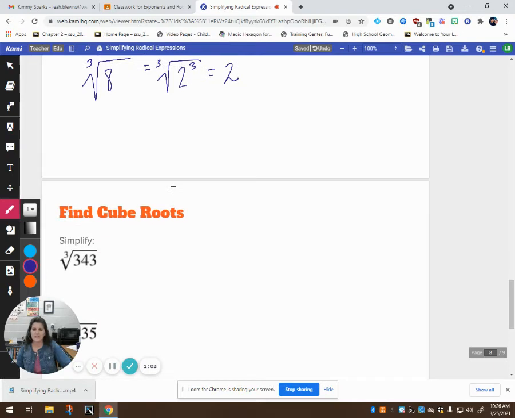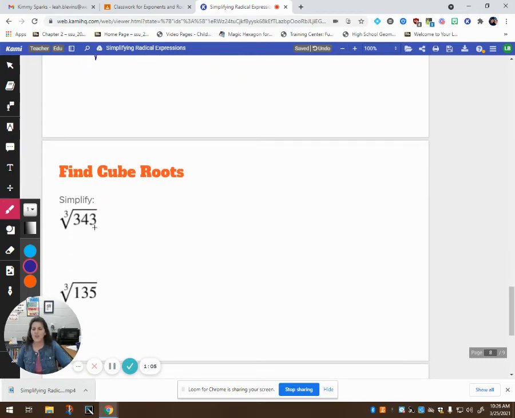Okay, so let's look at some more. Let's simplify the cubed root of 343. Similarly to how we broke down the square roots, we want to break this one down into cube roots so that we can simplify it. I'm going to pause the video and make a list of perfect cubes.